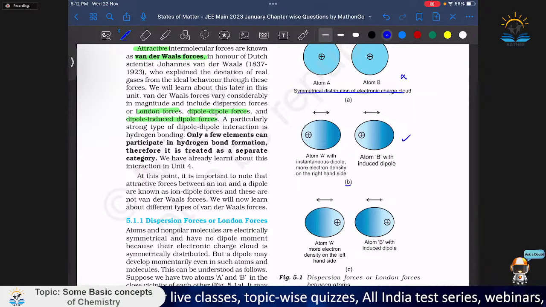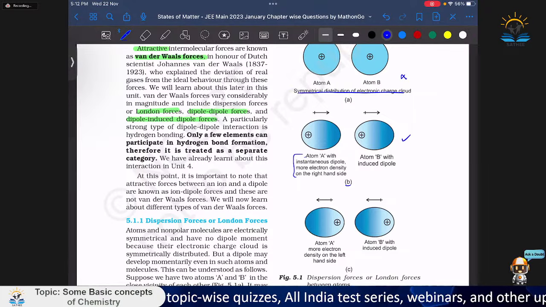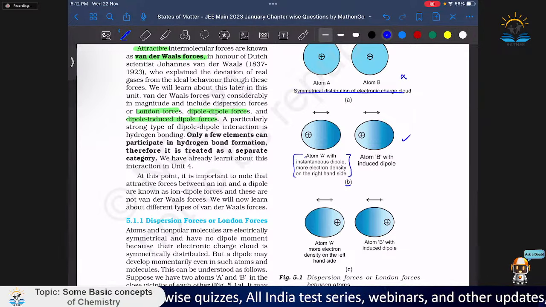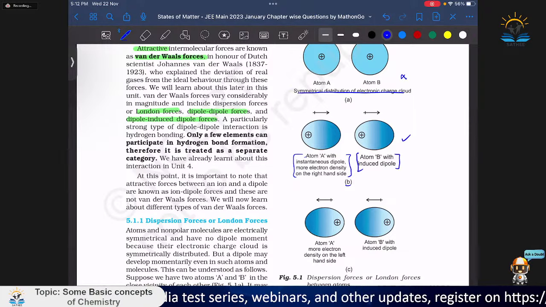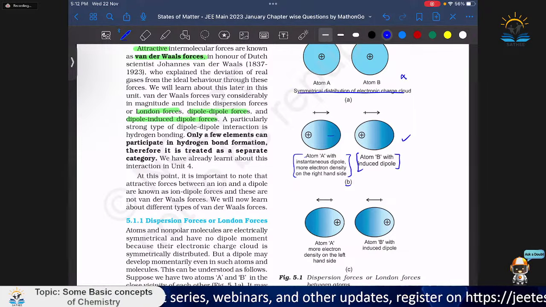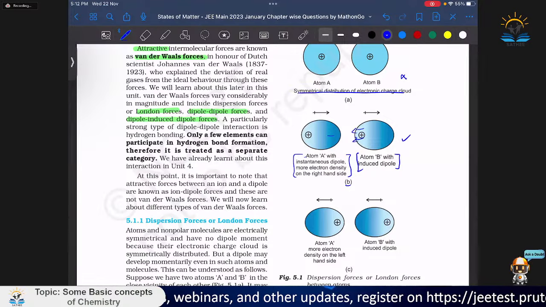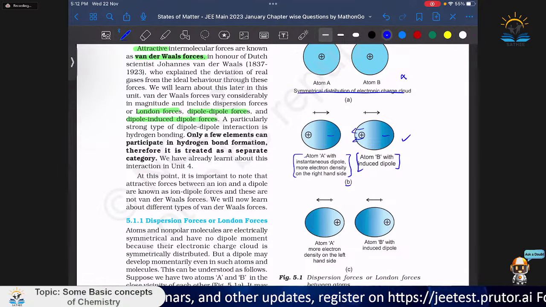And atom A is the dipole. Atom B was near atom A. So atom A induced a dipole in atom B. Because here it is negative, it will bring all the positive of B towards its negative.